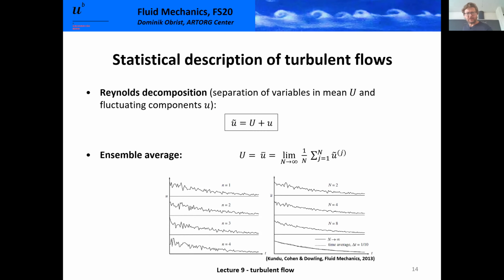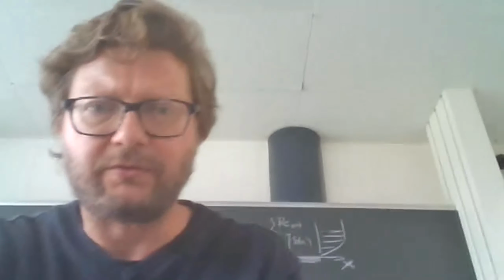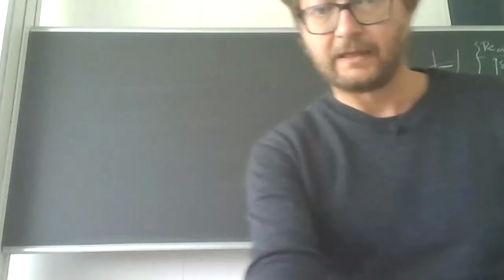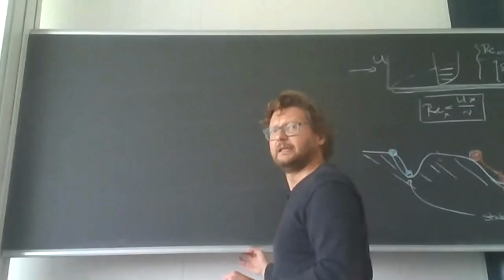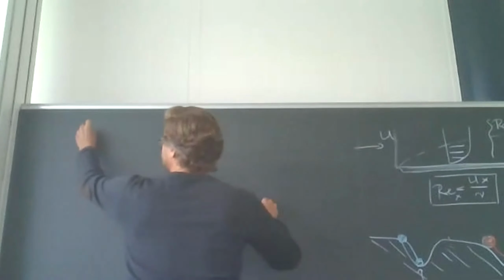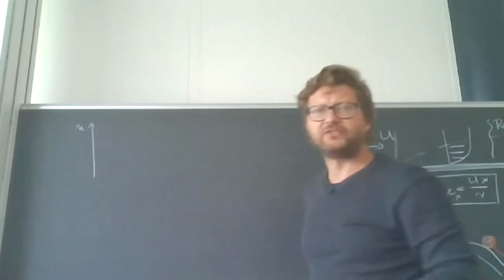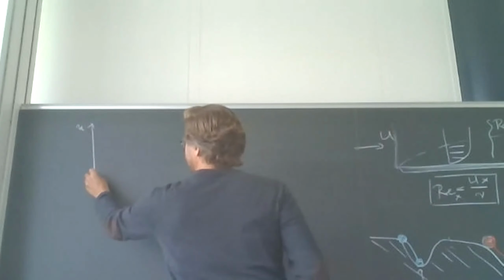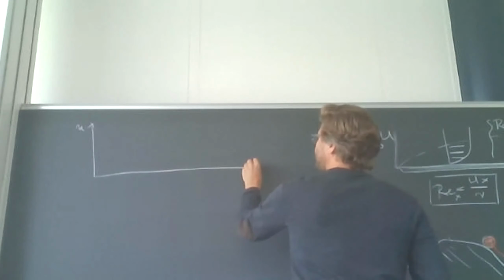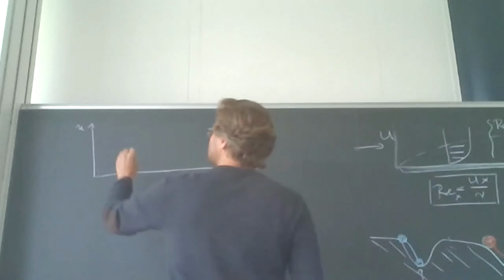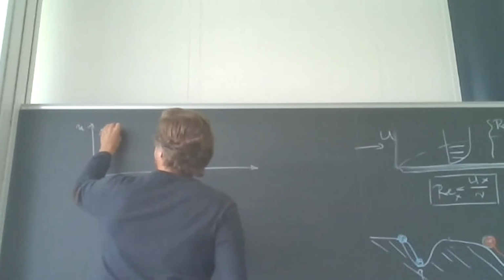Let me maybe draw something on the blackboard again, just to show you a little bit of what such a measurement could look like. Go to this side, blackboard. Let's say we do measure a velocity u over time. And because it's turbulent, the velocity will fluctuate.